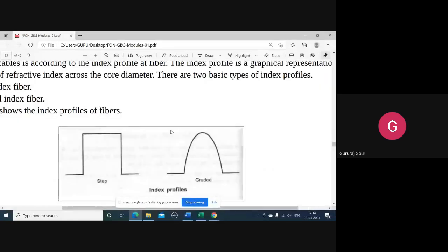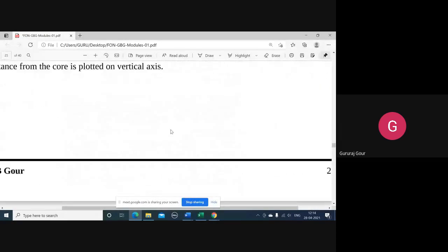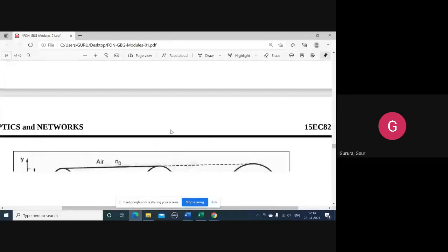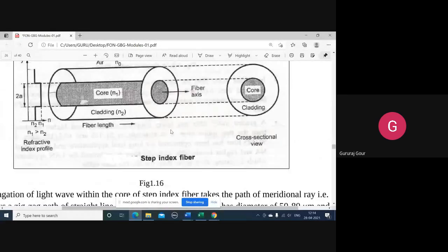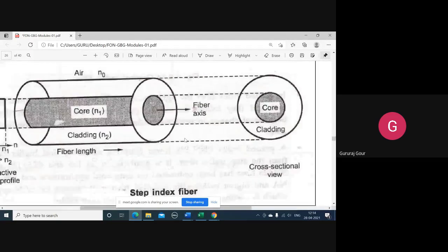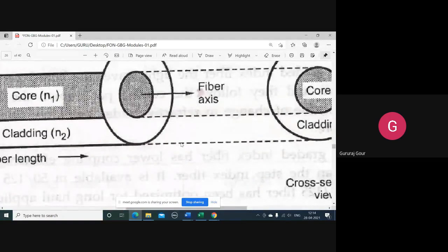the step index and graded index fiber. Yeah, here it is. Step index fiber, here you can see. So is it visible on the mobile? I will enlarge it. Hope now it is okay.